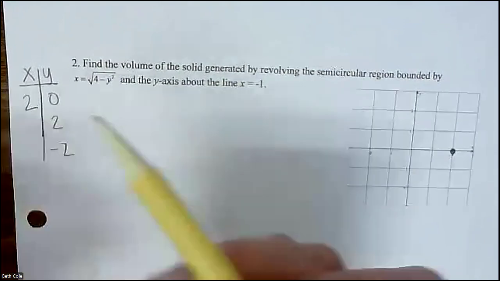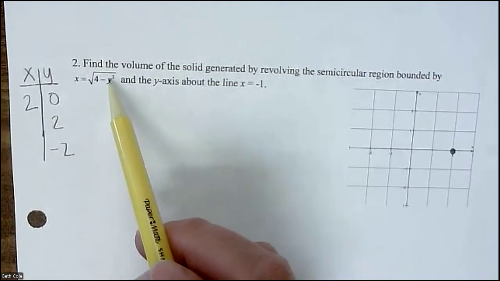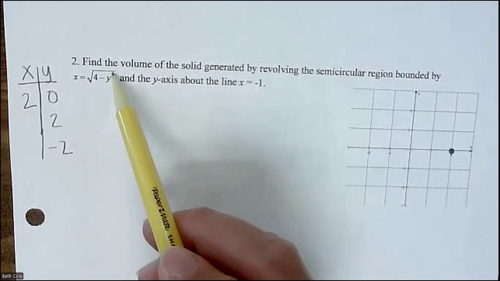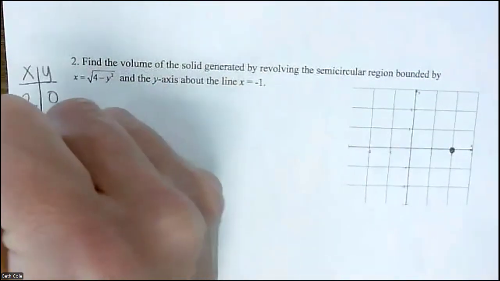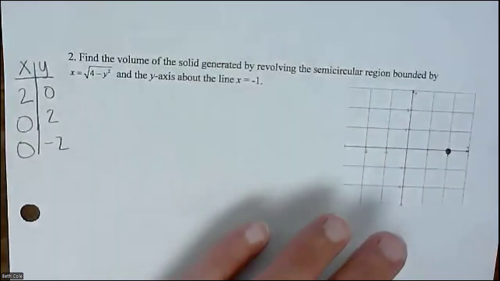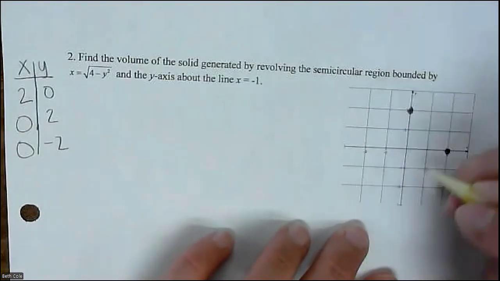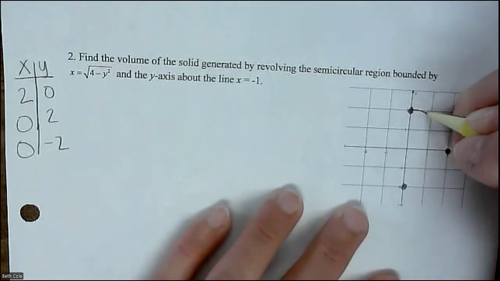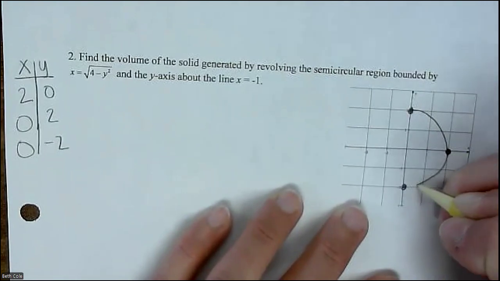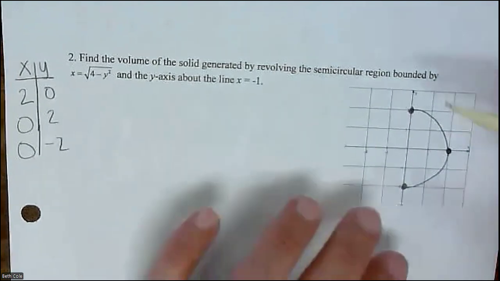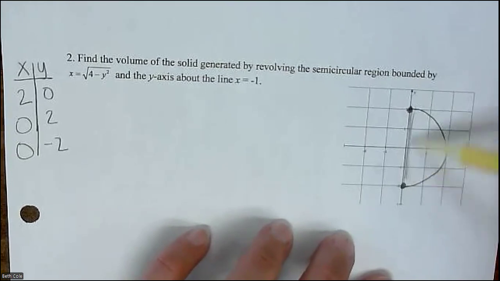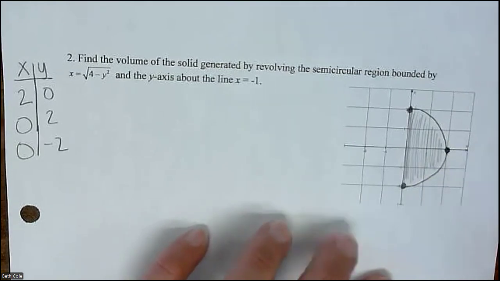So if you even want to just write plus minus 2, you can do that. 2 or negative 2 squared before 4 minus 4 is 0. I should have written those on the same line. I don't know why I did that. But anyway, it's going to be this semicircle right here. They said it was going to be a semicircle, so that makes sense. And the y-axis. So this is your shape here.